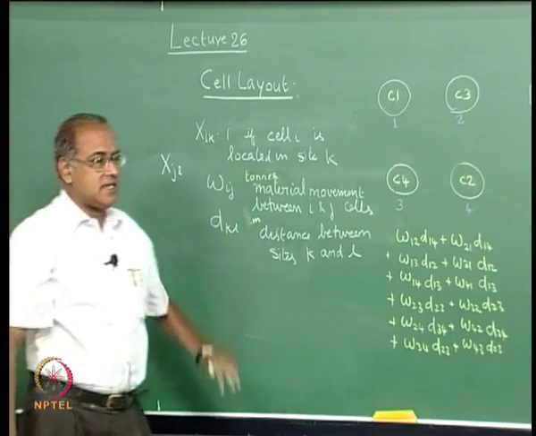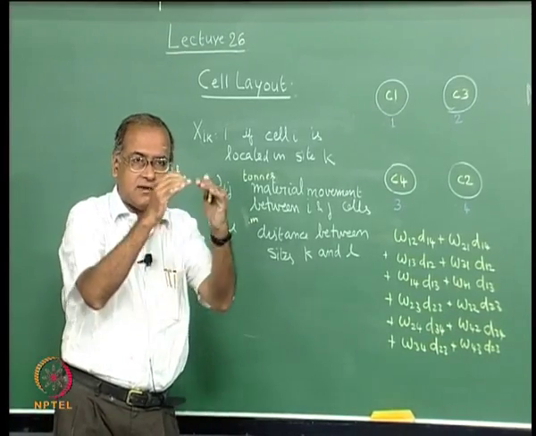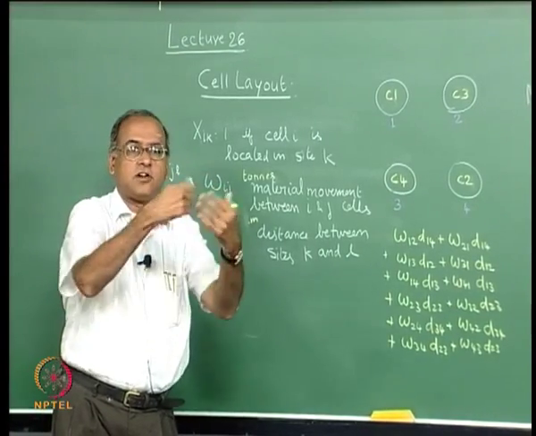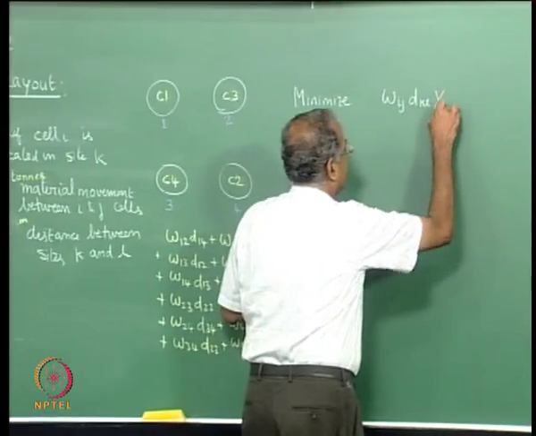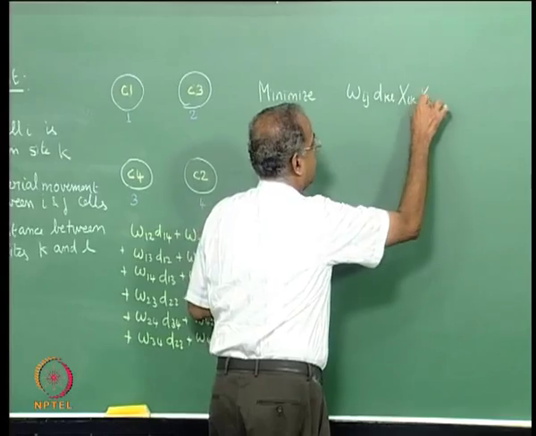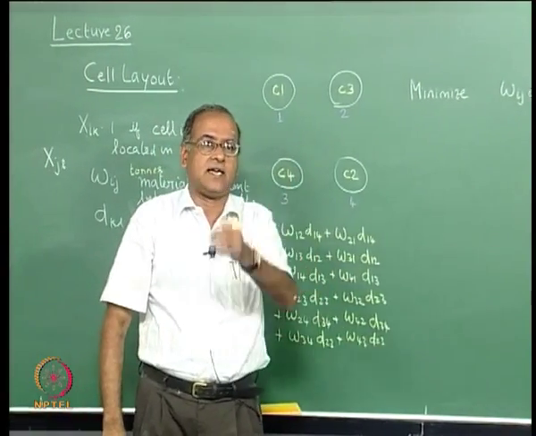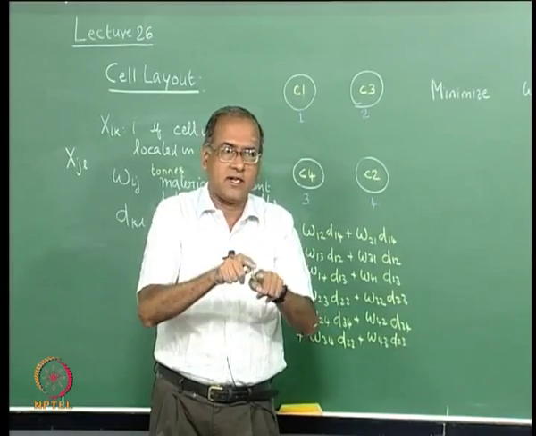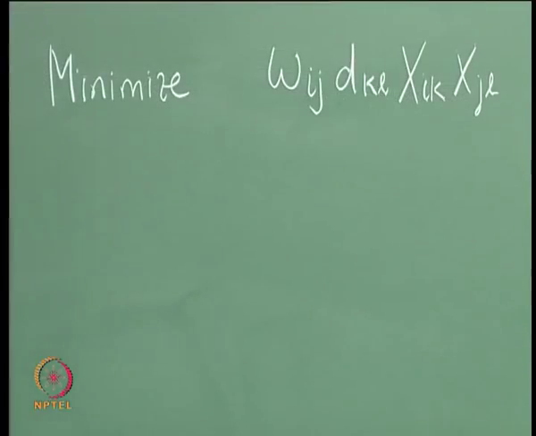So, wij into dkl is the thing that we are trying to minimize, summation of that, and that will be multiplied by xik into xjl, because only when xik and xjl are equal to 1, the product is 1 and this multiplication is to be minimized.